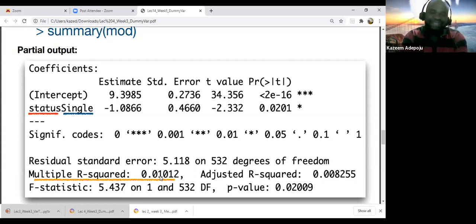R square should go from 0 to 1, but this one here is very, very small, and when it is this small, we may not be able to rely on this result. Then what are we going to do?